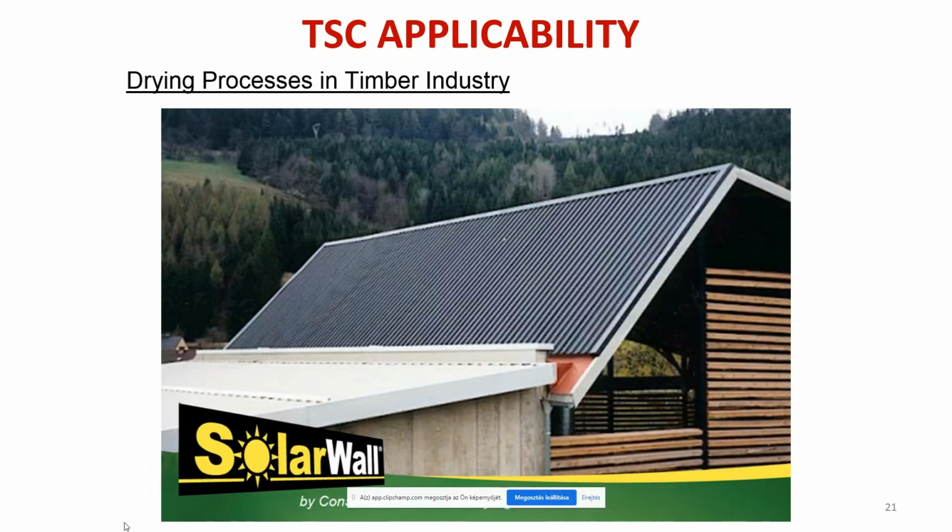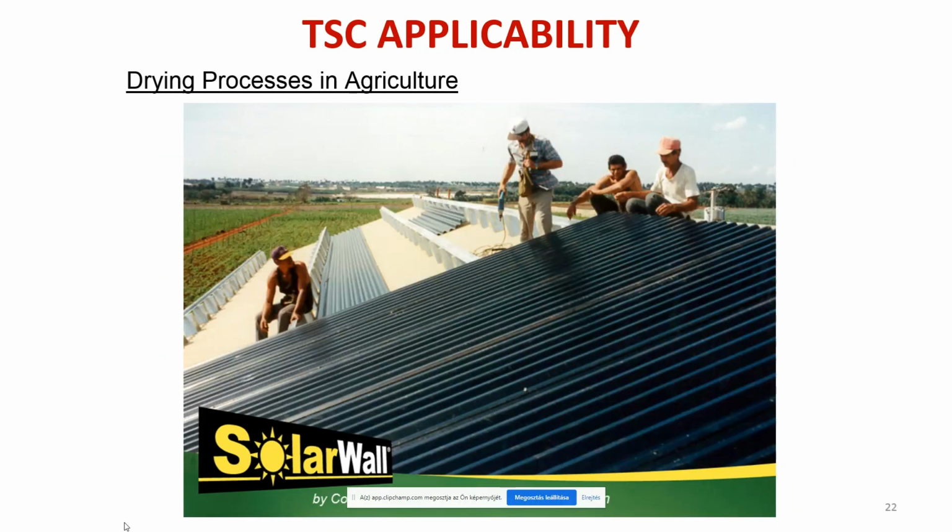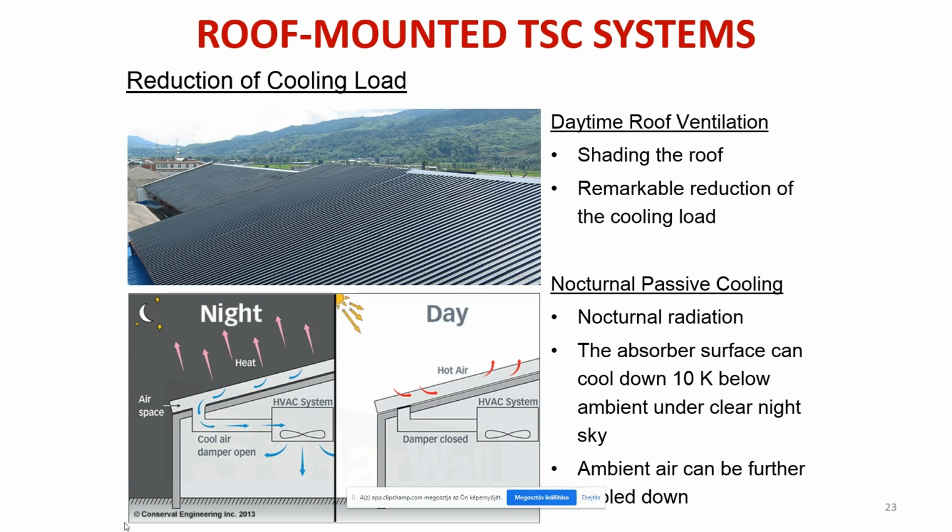In the timber industry, several drying processes can benefit from transpired solar collector applications, such as in agriculture. Here in this picture, you have an image of Caribbean tobacco farmers installing transpired solar collector.